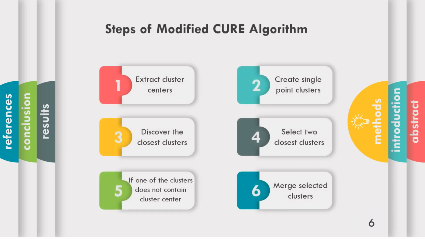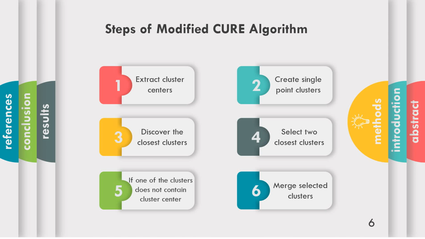A relative density relationship is used in the modified CURE algorithm to obtain appropriate results. So in the first step of the modified CURE algorithm, cluster centers are extracted by using density parameters. The second, third, and fourth steps are the same as the traditional clustering algorithm. In these steps, single-point clusters are created, the closest clusters are discovered, and the two closest clusters to each other are selected.